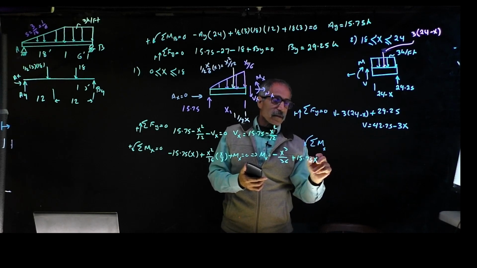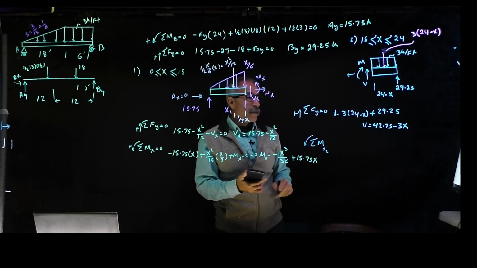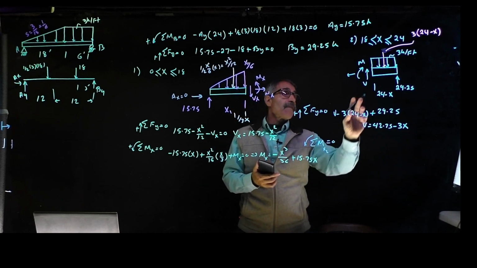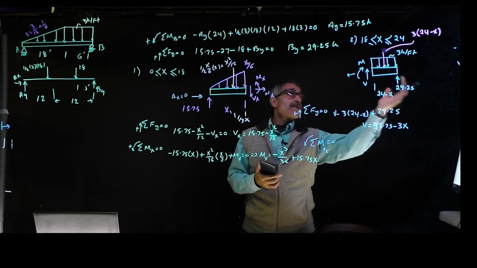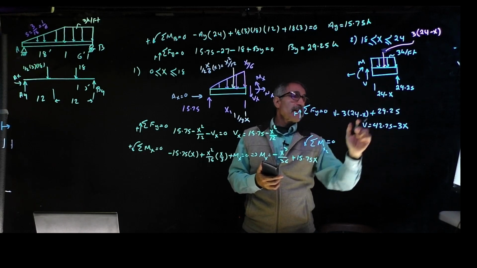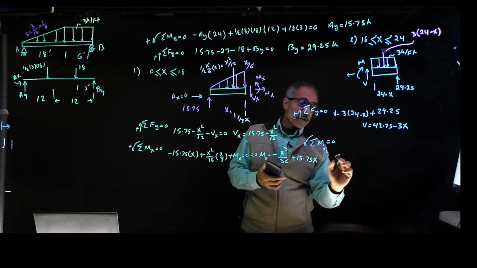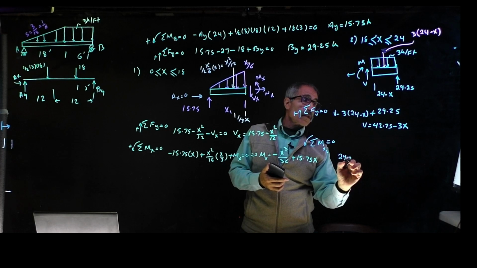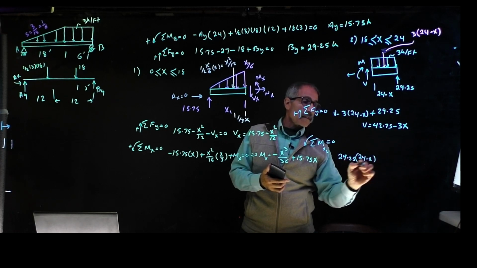So now we're going to do the moment, summation of moment about that point where we call it, let's say x2 equals 0. And we have V, we're going to start from here. We're going to have plus 29.25 times 24 minus x.